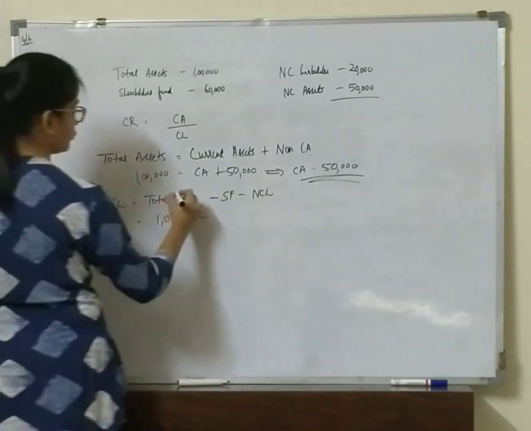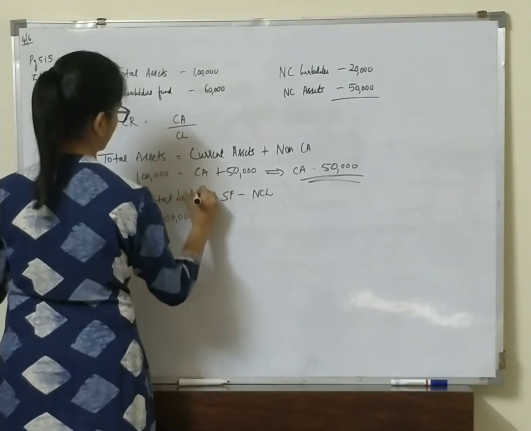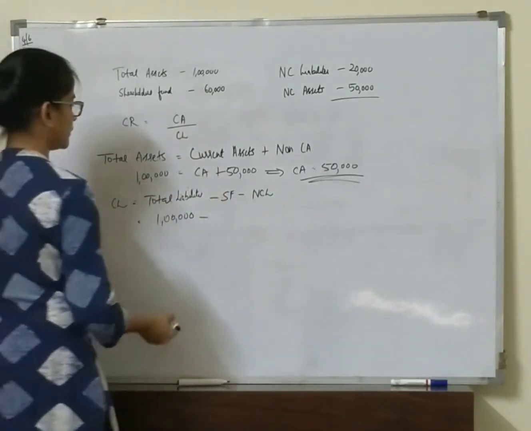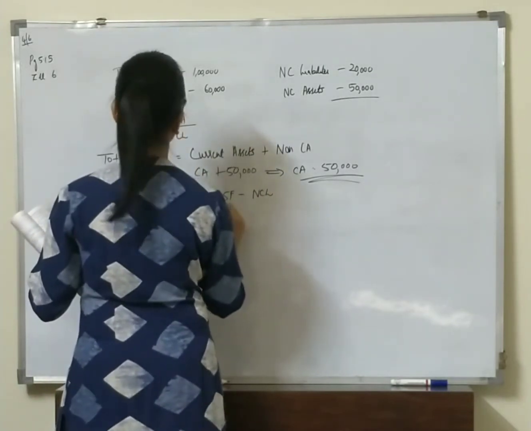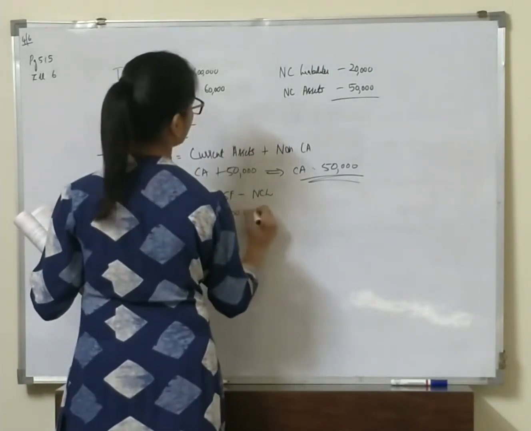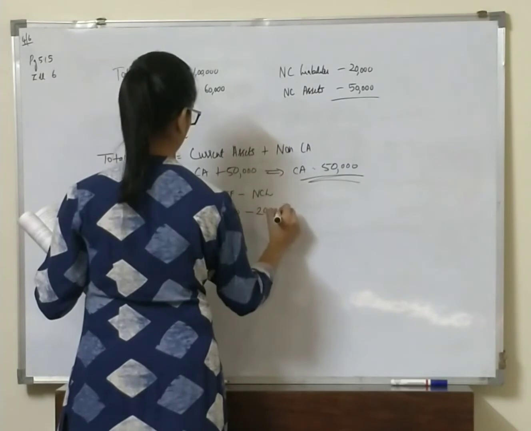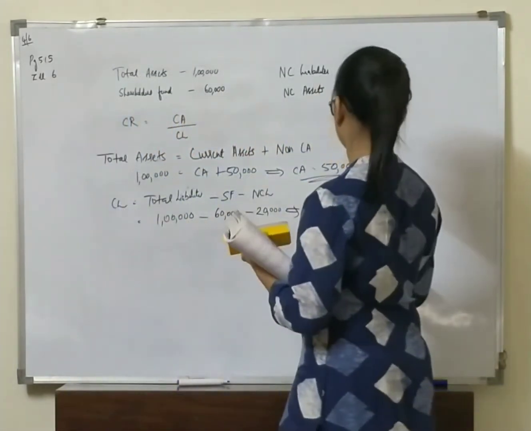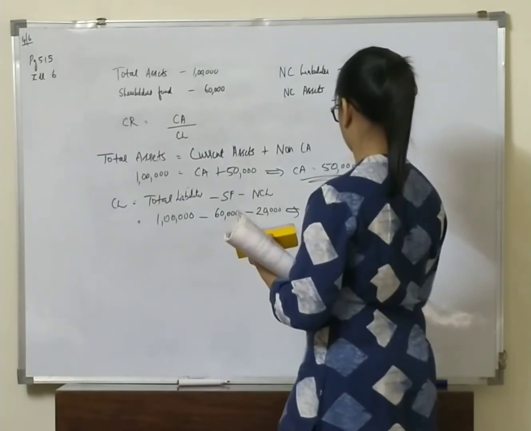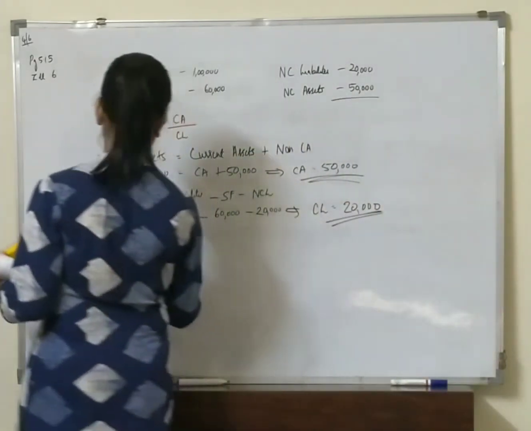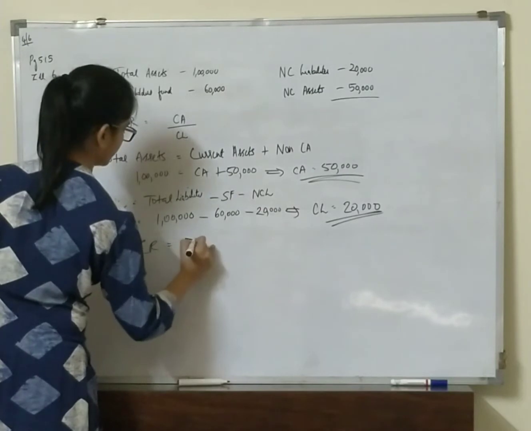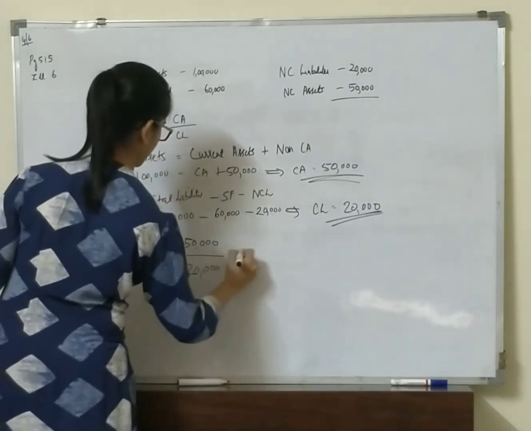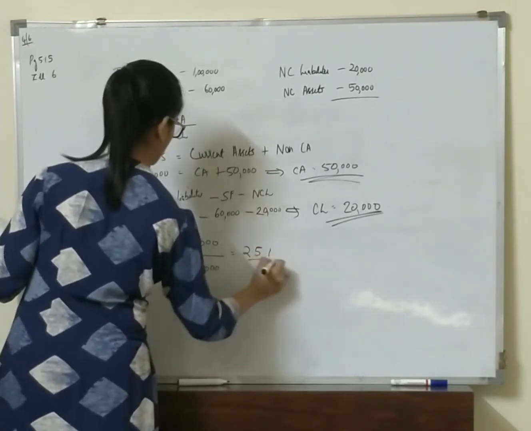If you all are getting confused, you all can even write total liabilities minus shareholder fund minus non-current liabilities. Shareholders fund is 60,000, non-current liabilities 20,000. So what is the answer for our current liabilities? 20,000. Correct? So we will get the current ratio as 50,000 divided by 20,000, that is 2.5:1.